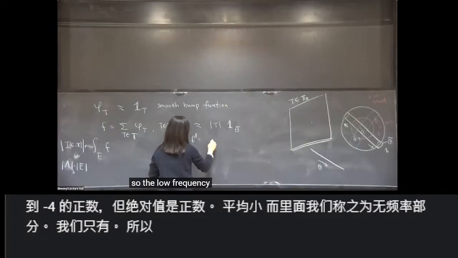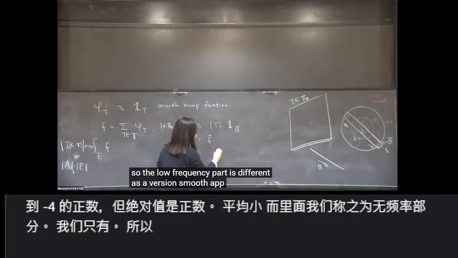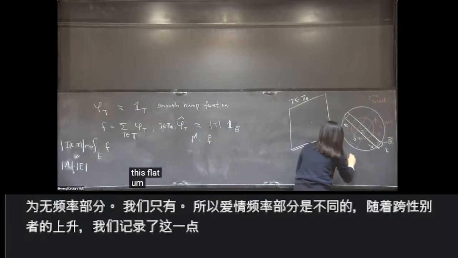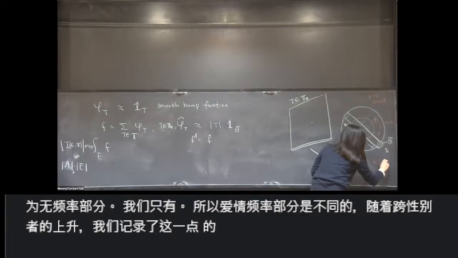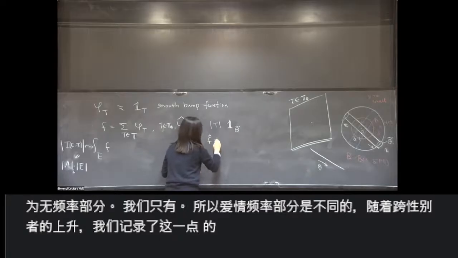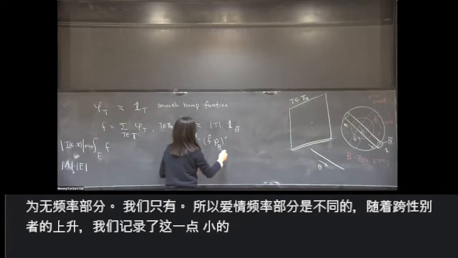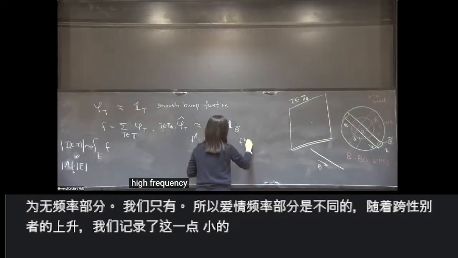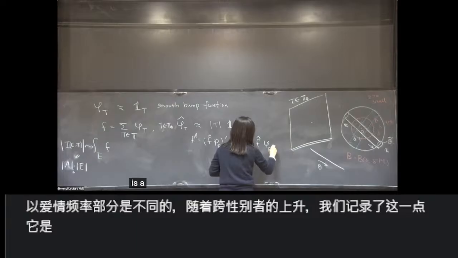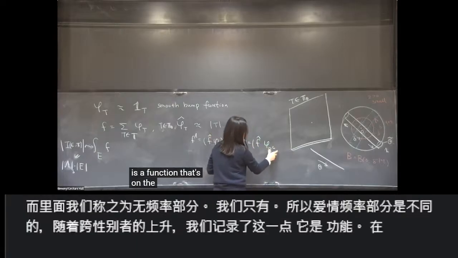The low frequency part is defined as the Fourier transform of f in the ball of radius delta to the -1 plus epsilon centered at the origin, times a smooth bump function at B, then the inverse Fourier transform. And the high frequency part is the function on the complement of B.